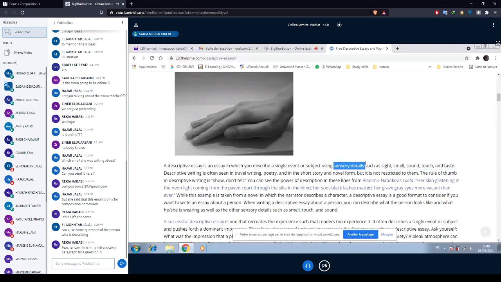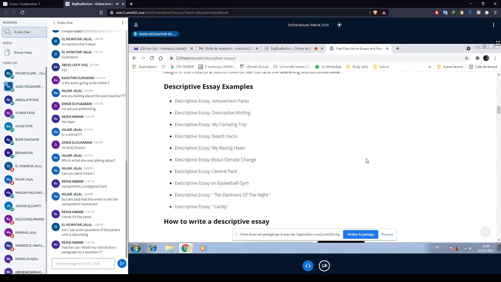This is how we describe. Descriptive writing is often seen in travel writing, poetry, and the short story and novel form, but it is not restricted to them. So you read alone, it's very long, and then you have examples. They are not full finished examples, but it gives you just an idea.